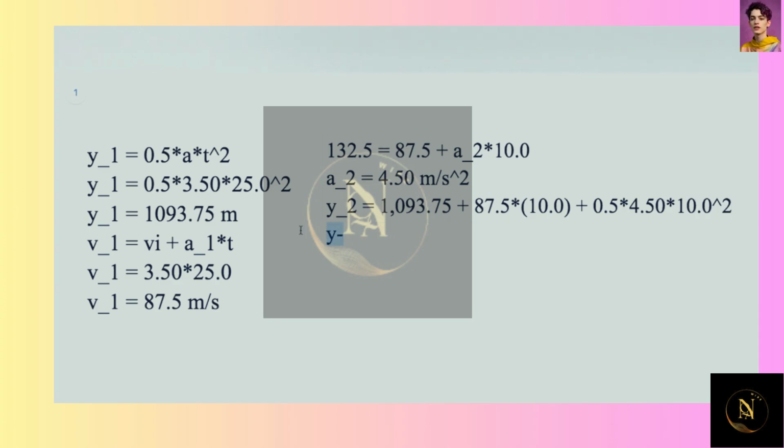Which gives us a y2, which is equal to the maximum height that the rocket goes, of 2,190 meters. Okay, so that's part A.